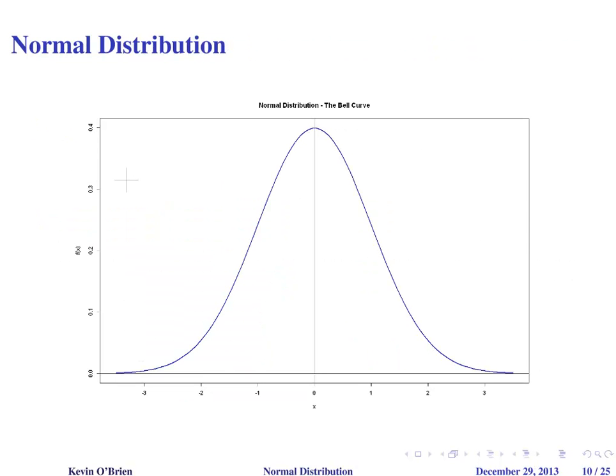Anyway, what I was going to say is that if you draw a line from here down to there, what is to the left of the mean and to the right of the mean are mirror images of each other.